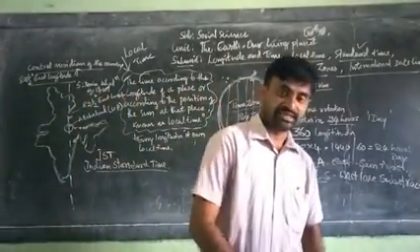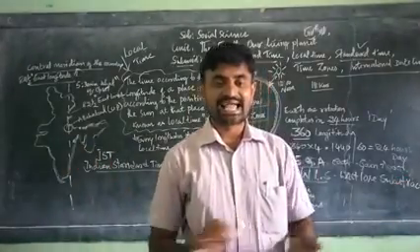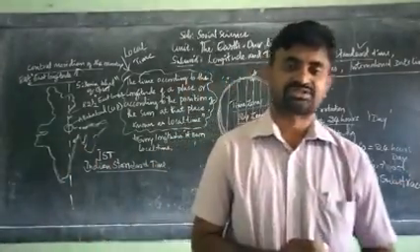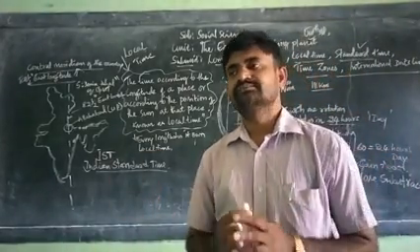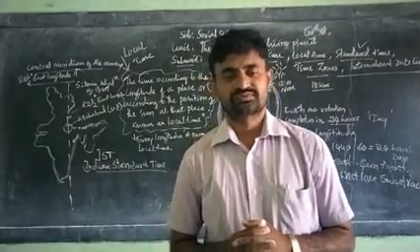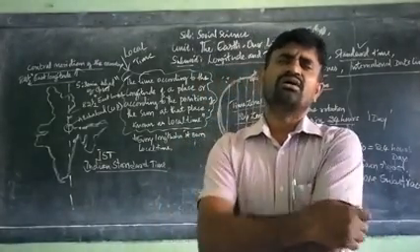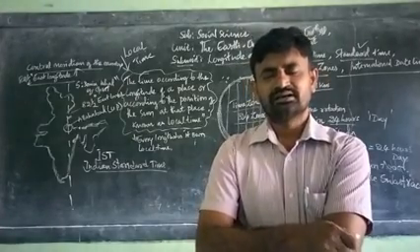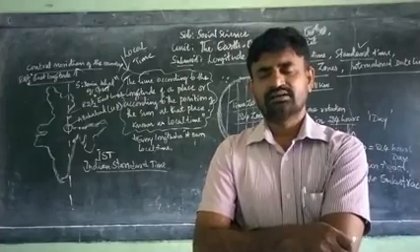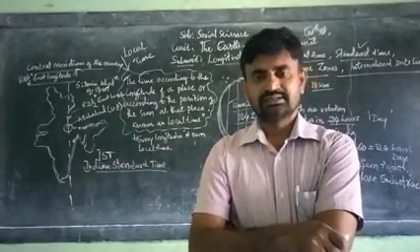So in this way, countries with vast longitudinal extent have different time zones, especially large countries like Russia, America, Canada, Australia.